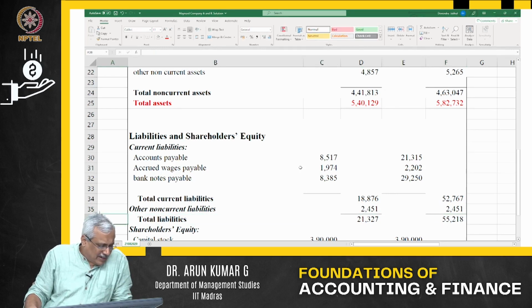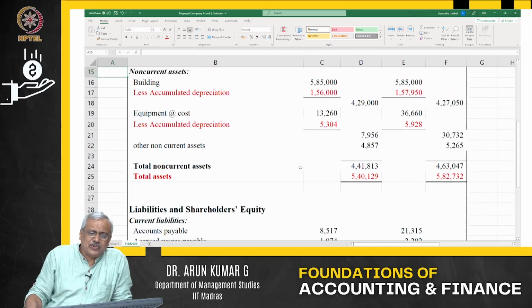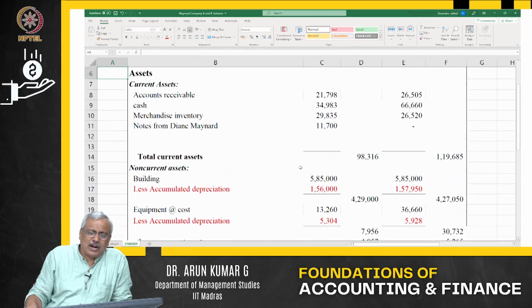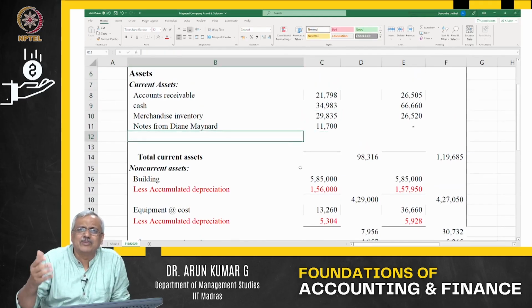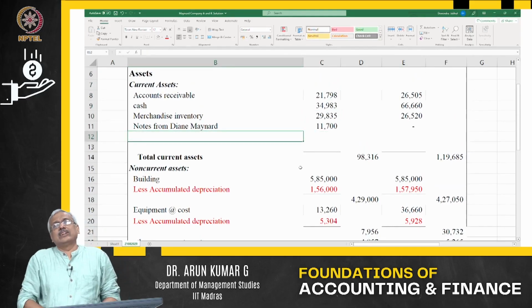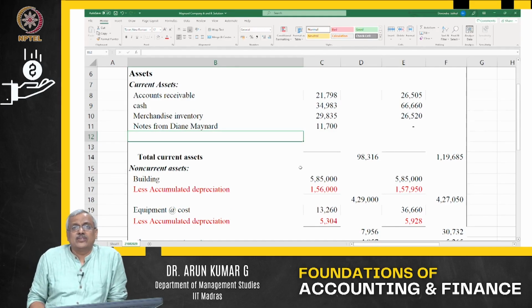Then there is something called prepaid insurance. You have paid in advance, you have not enjoyed the benefits of it, then what happens? It is obviously an asset. What kind of an asset? It is a current asset. Normally it will be used within a year or so. Sir, if it is 5-year prepaid insurance, will it not be a fixed asset? Will it not be a non-current asset? Well, yes and no. Normally you are not going to pay a 5-year premium.